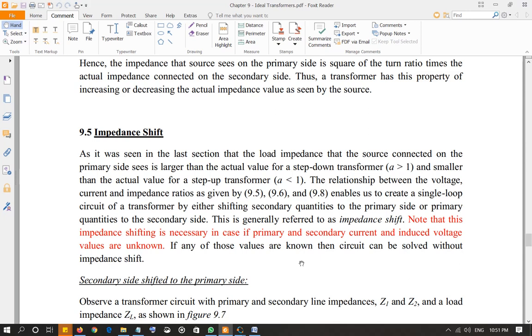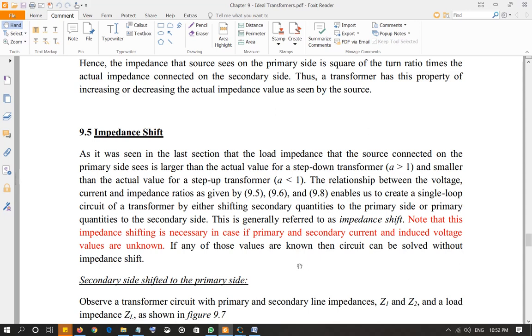We can shift the primary side impedance, voltage, current, everything on the secondary side, which we call primary reflection on the secondary, or primary shift on the secondary.